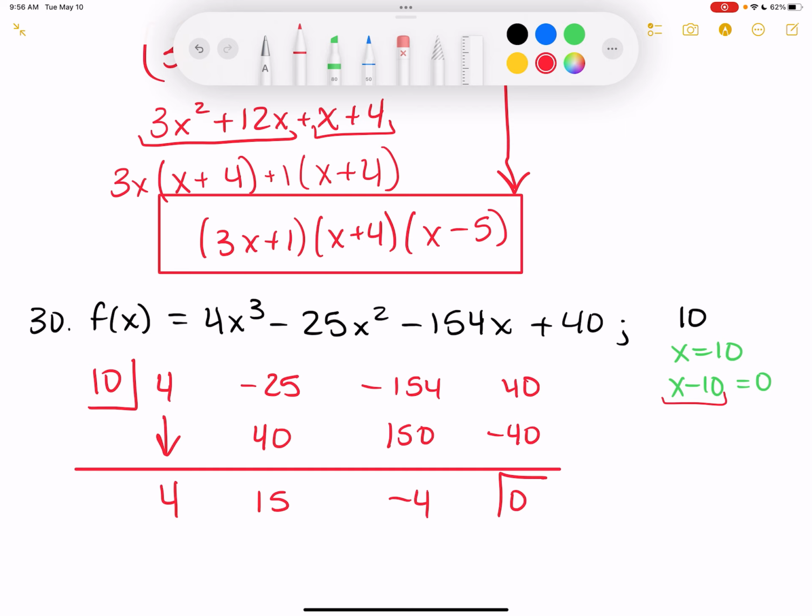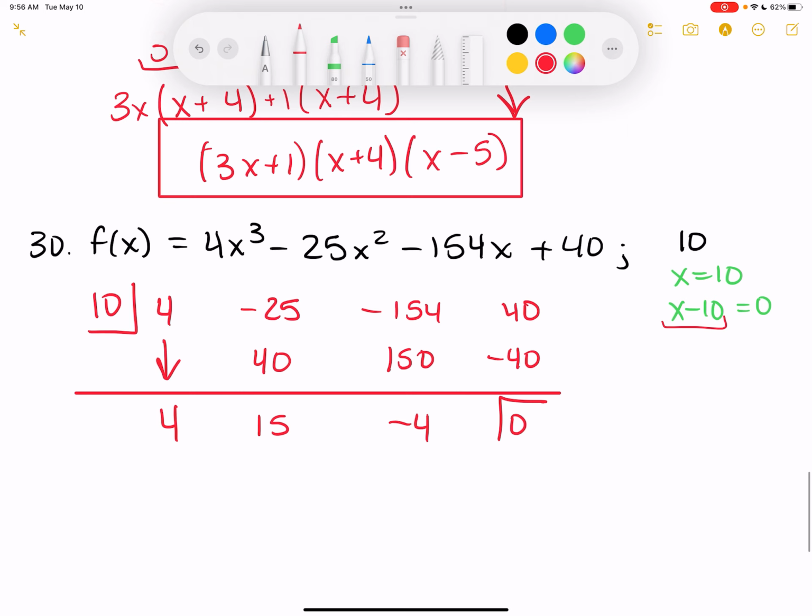Great. So that also helped reduce it down so that now I can follow the same process as before and find my other factors. The only difference is now when you get your answer like this, you set your final answer equal to 0 and you get your different values.